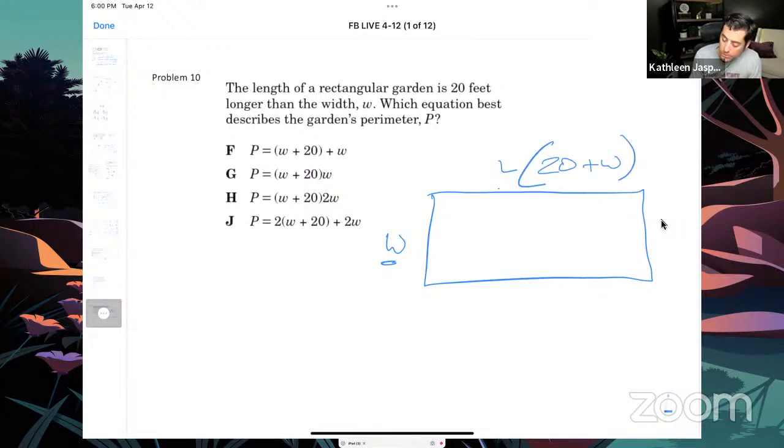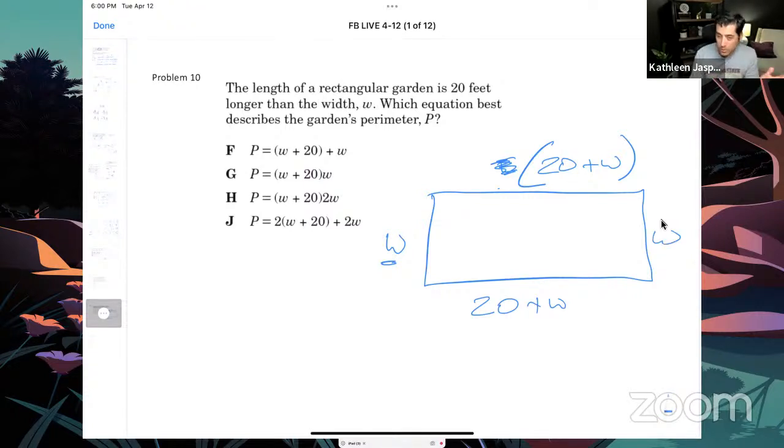Length is equal to 20 more than width, so that's 20 plus W. Because it's a rectangle, I know that opposite sides are the same. So this is 20 plus W, and then this is W.